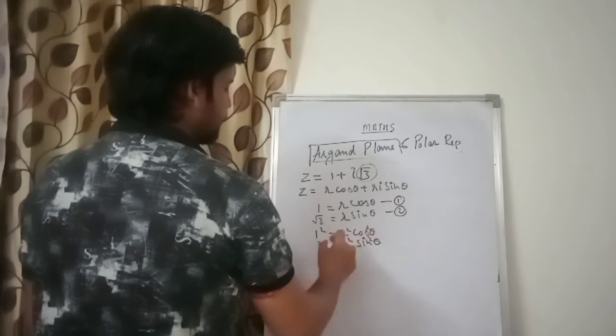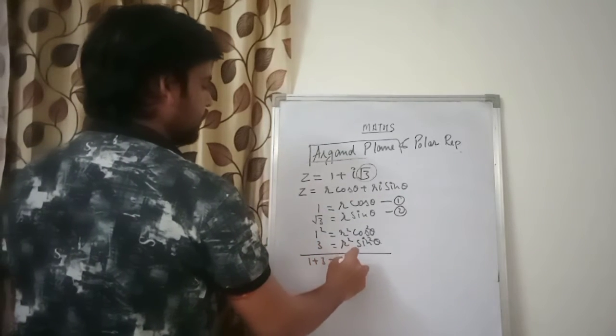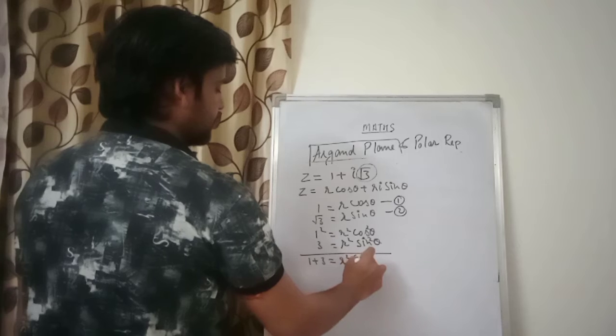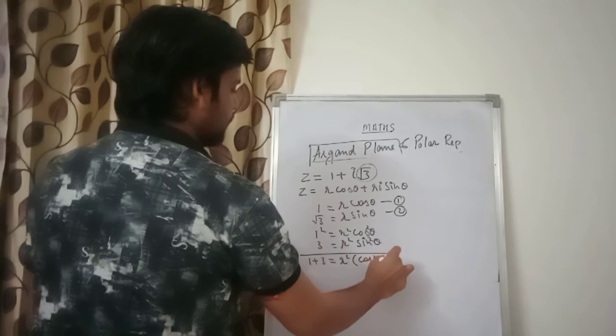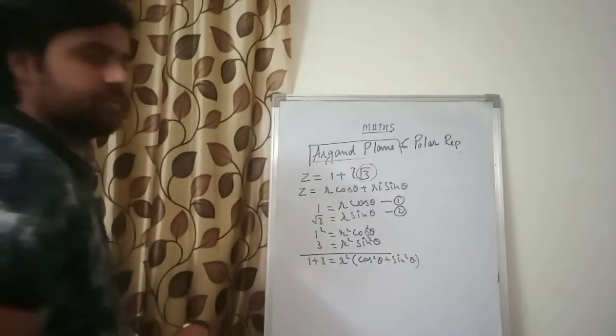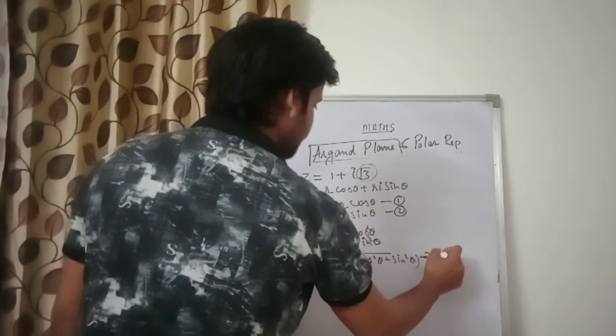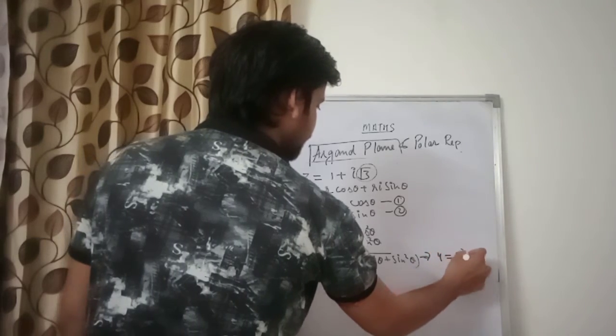Now we add them. We get 1 plus 3 equals r square times cos square theta plus sin square theta. Cos square theta plus sin square theta is actually 1. So ultimately we get 4 equals r square.